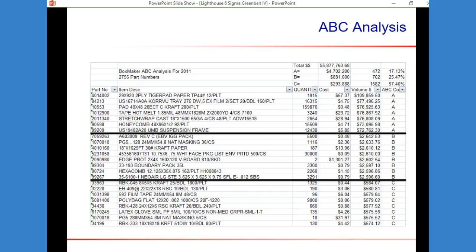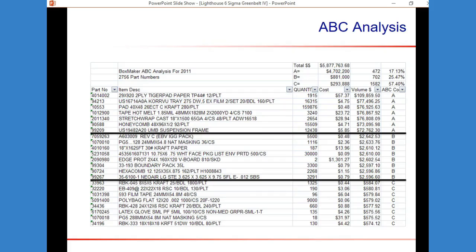So here it is expanded out a little bit. Now I've got a column that's got my A, B, and C items, and I've condensed this down. But up here, I'm looking at my A items, is $4.7 million of my inventory, is 80% of my dollars, but it's only 17% of my part numbers.